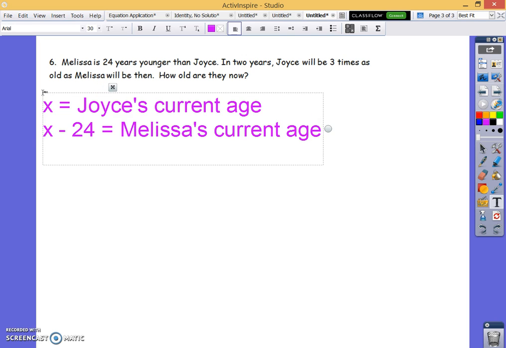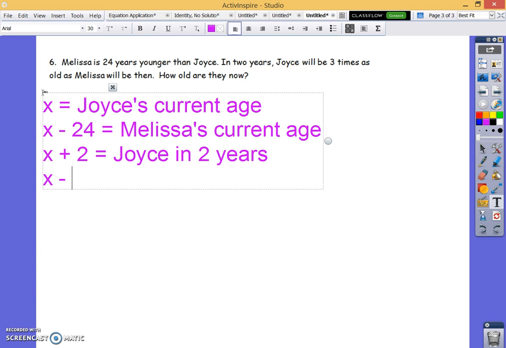Now, in 2 years, Joyce will be 3 times as old as Melissa will be then. So in 2 years, I need to define as well. So this is Joyce in 2 years, and Melissa is this in 2 years.